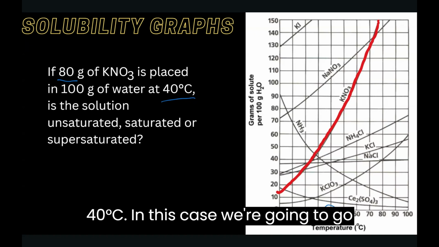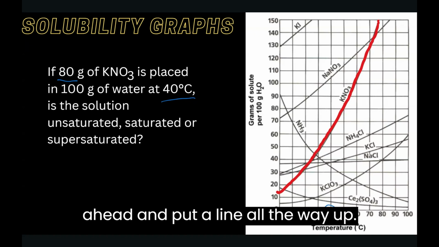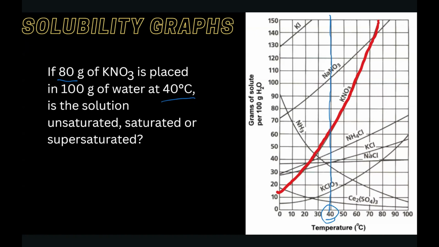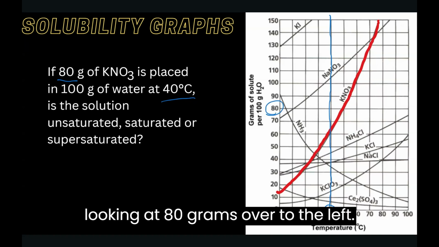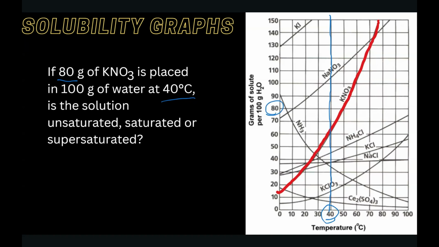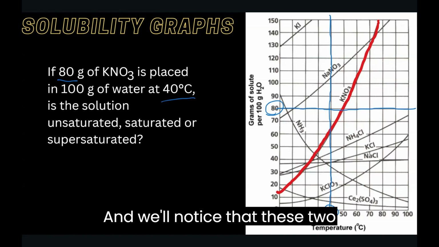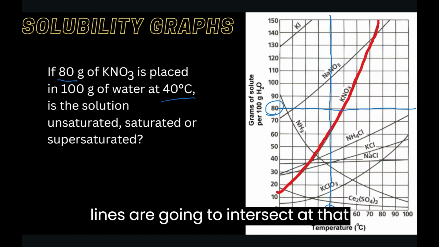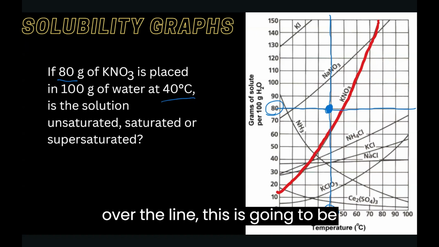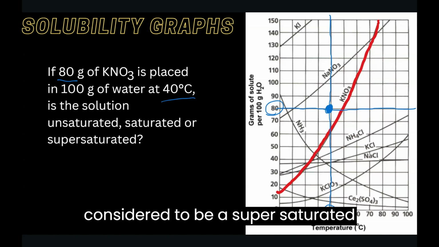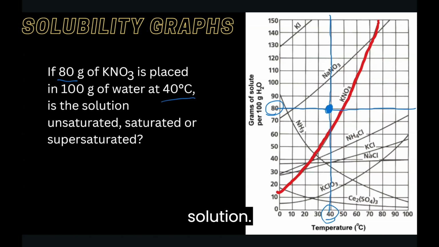So at 40 degrees Celsius, in this case, we're going to put a line all the way up. And we are provided 80 grams. So looking at 80 grams over to the left, we'll notice that these two lines are going to intersect at that point. Now, because it is over the line, this is going to be considered a supersaturated solution.